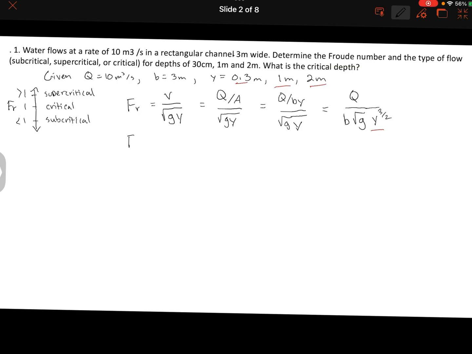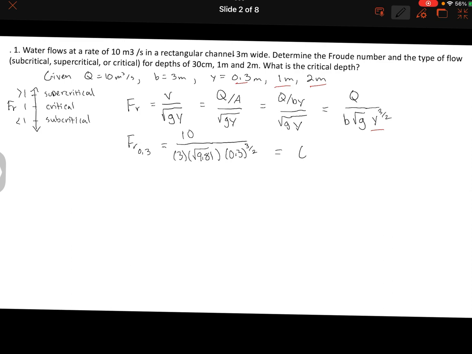So first, our Froude's number, when we have a y of 0.3 meters, is going to be equal to our volumetric flow rate of 10 cubic meters per second divided by our bottom width of 3 meters, the square root of our acceleration of gravity of 9.81 meters per second squared, and then our given water depth of 0.3 meters to the 3/2.